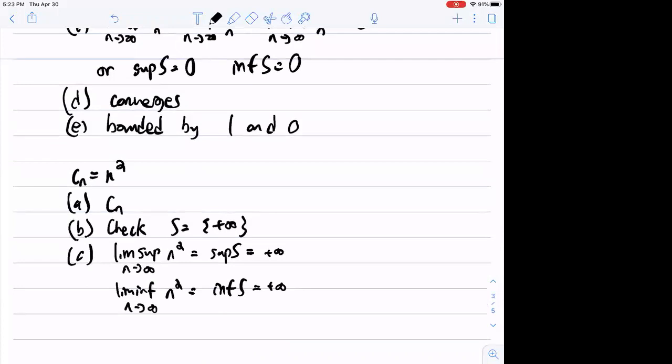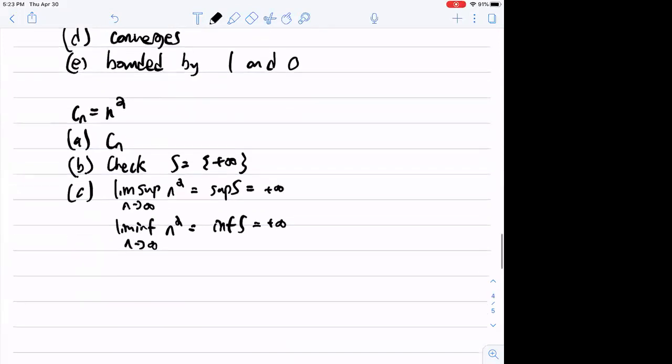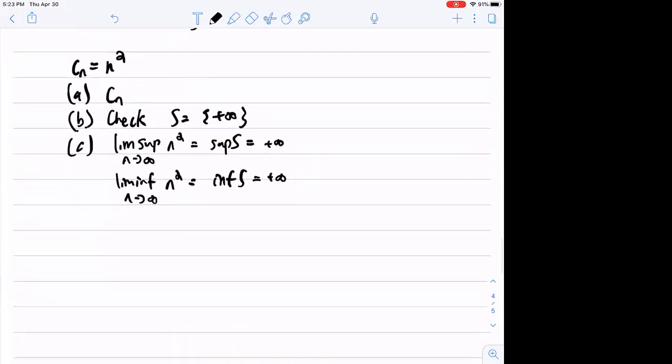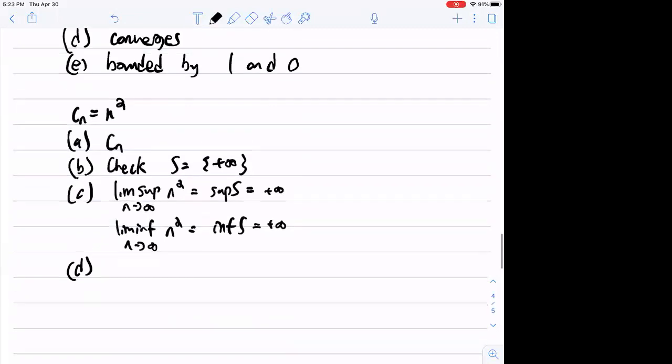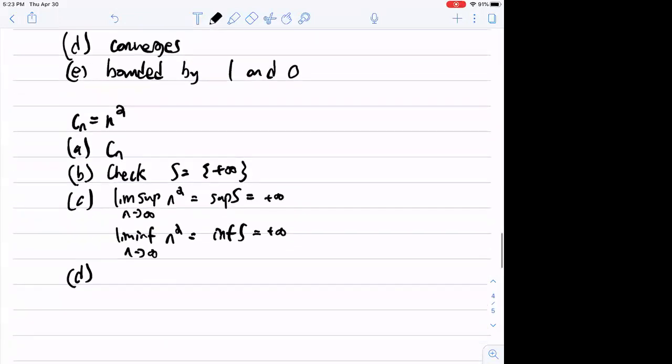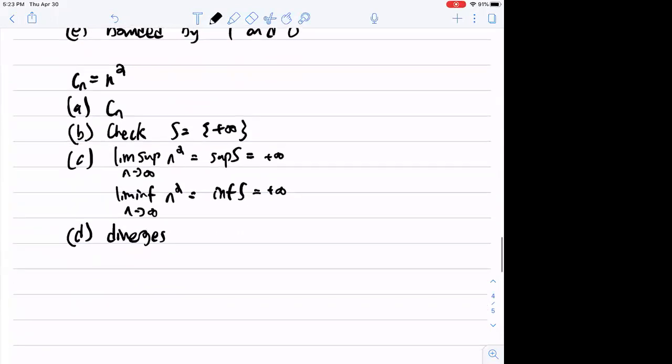I never really defined it, but if S contains positive infinity, then the supremum is infinite. D, this sequence diverges to positive infinity. And E, it's unbounded.